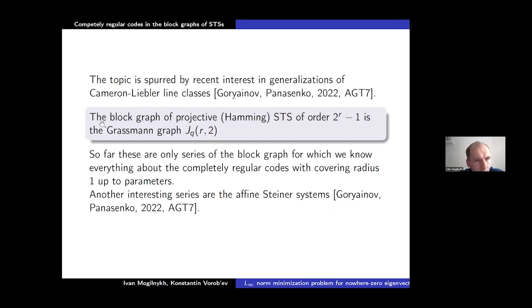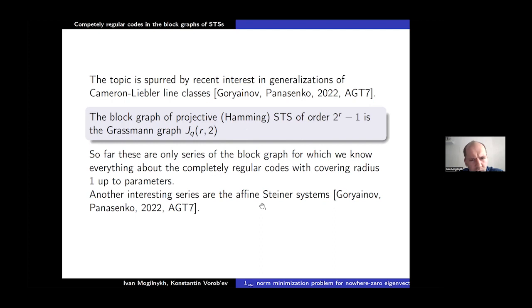In particular, the block graph of the projective or Hamming Steiner triple system is just the Grassmann graph. I guess we have 2 here, not q. And among all block graphs, these are the only block graphs where we have a complete characterization of completely regular codes with covering radius 1 up to parameters.